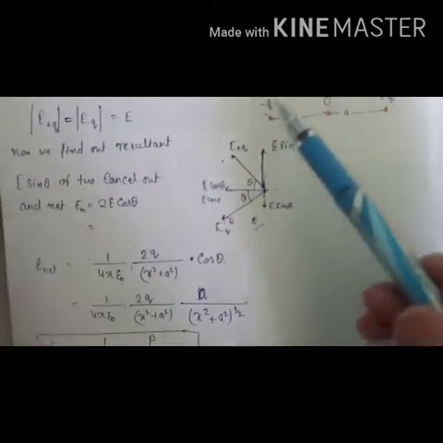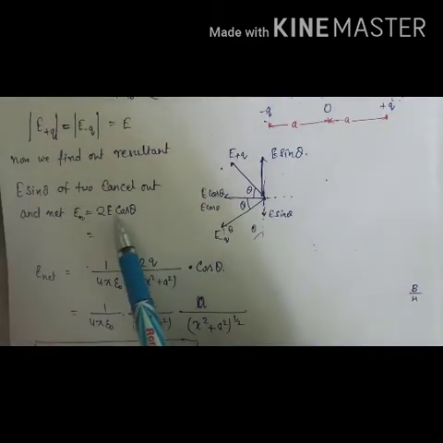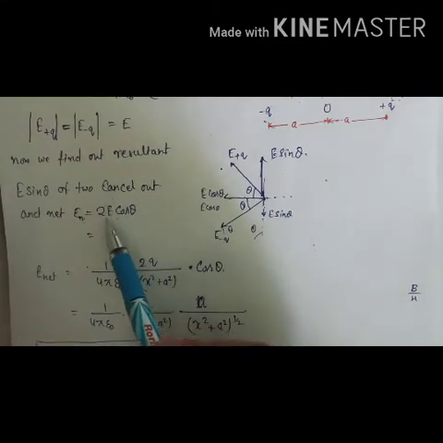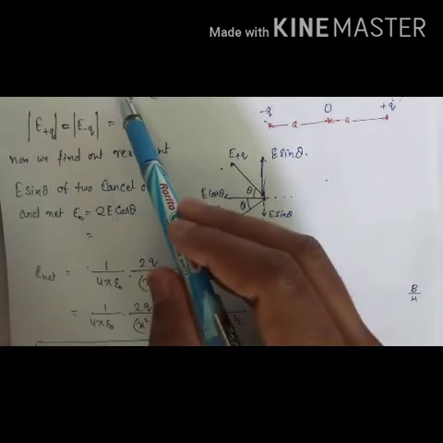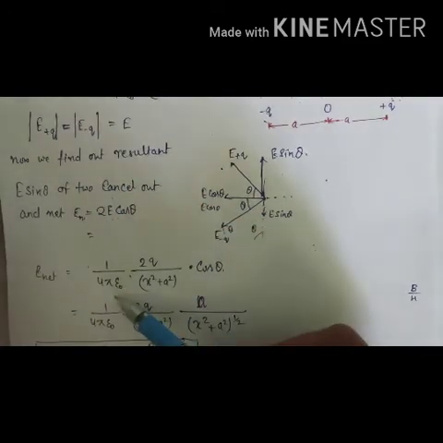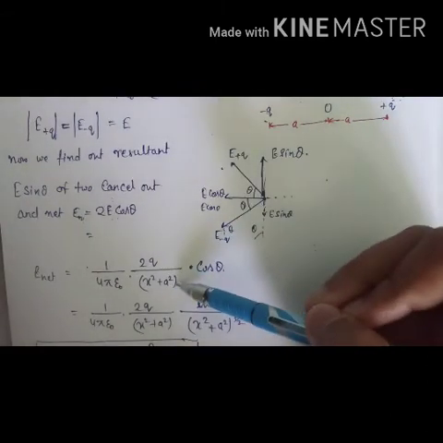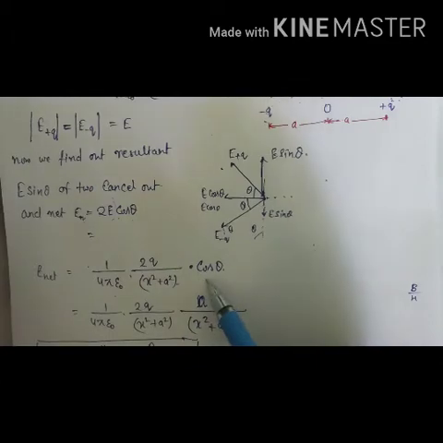So the net electric field at P, E net, is equal to 2E cos theta, where E is the electric field intensity, 1 upon 4 pi epsilon naught q upon x square plus a square, multiplied by 2 and cos theta.